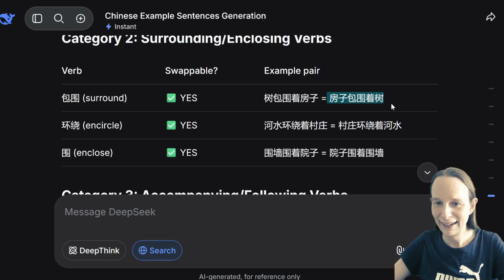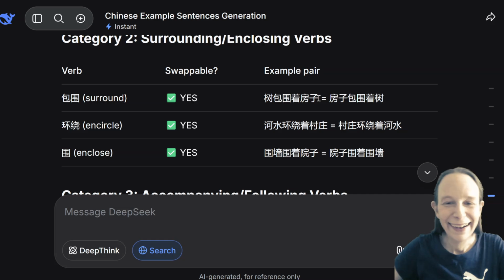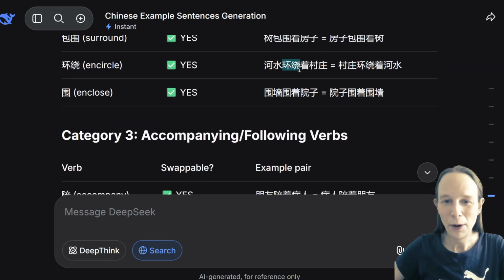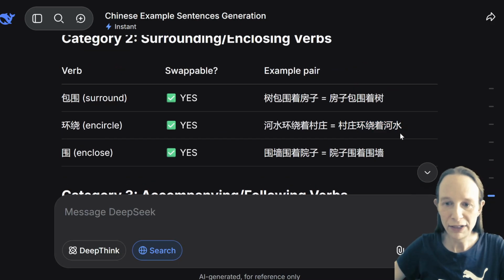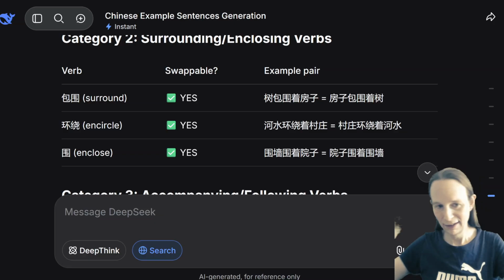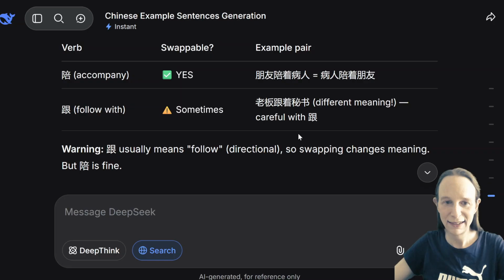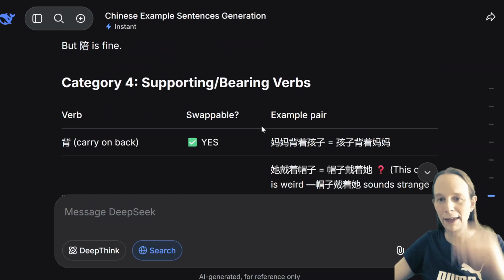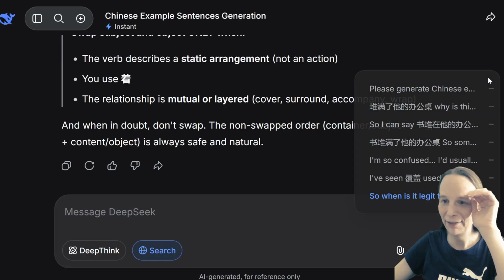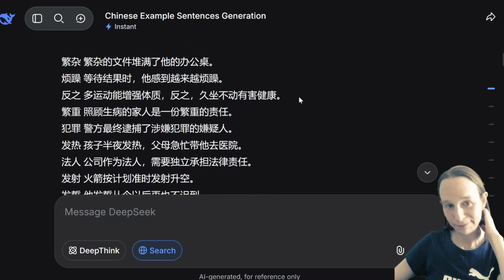This is, there are houses surrounding the tree. And this is, there are trees surrounding the house. Right? Tell me I'm not wrong. 河水围绕着村庄，村庄围绕着河水。Wow. I mean, it might be correct. Very, very confusing. All right.